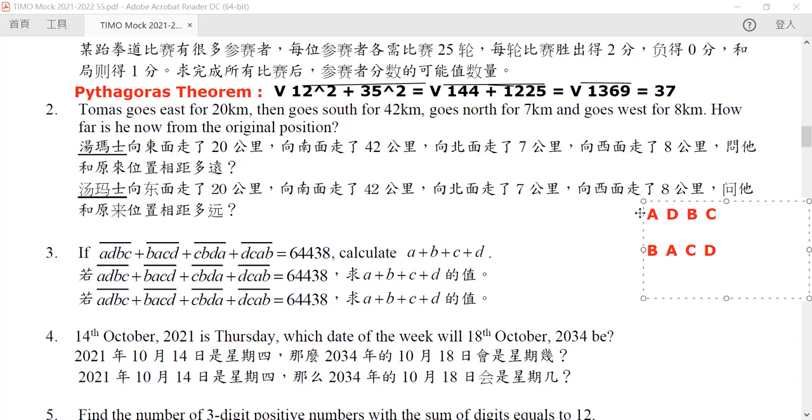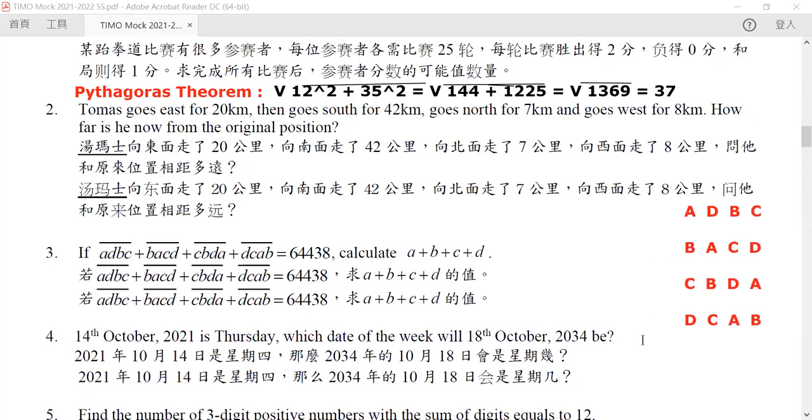So we have our vertical sum C plus B plus D plus A, and finally D plus C plus A plus B. Okay, so we want to sum up these four numbers, and we know what the sum is. The sum is exactly equal to 64438.